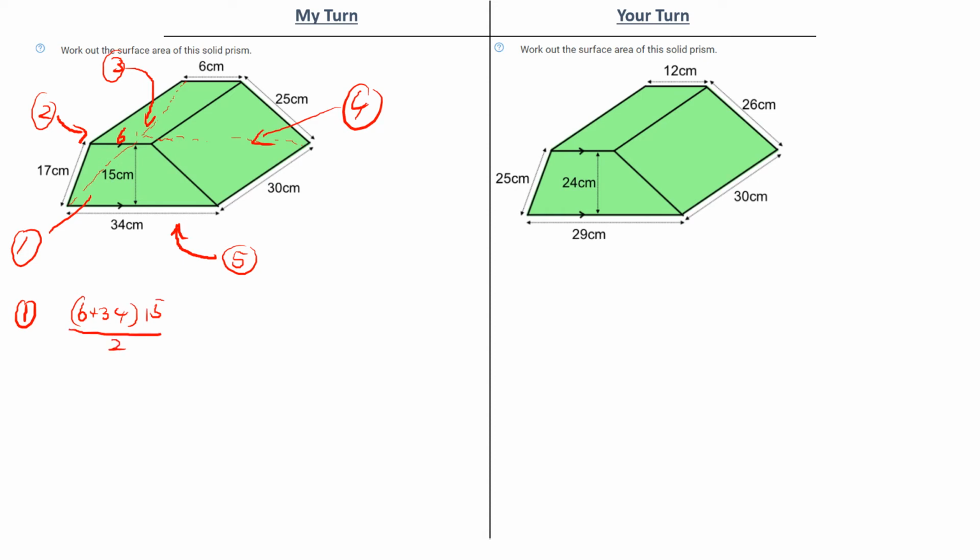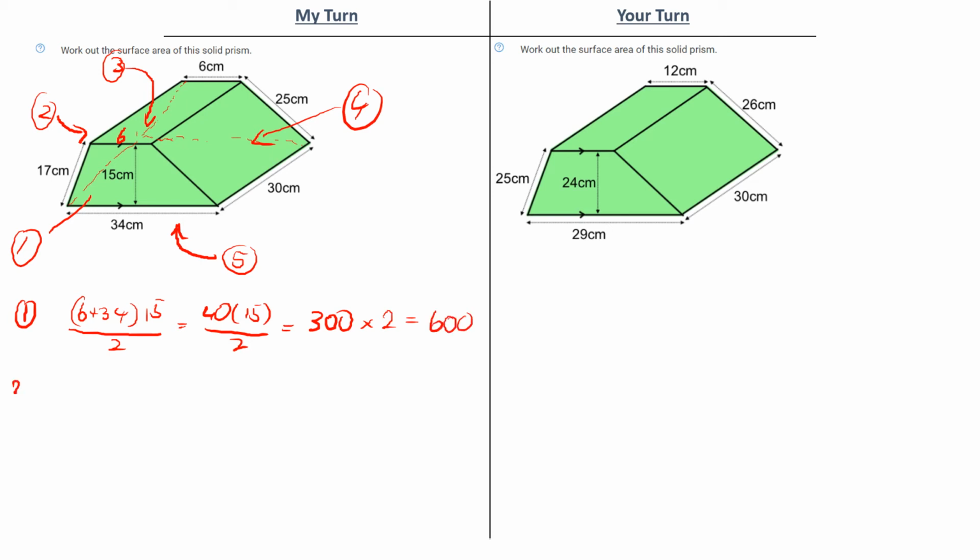So that is going to give me 40 times by 15 divided by 2, which will give me 300. Let me just double check that. Yeah, okay. So first thing we're going to do is double that since we've got two identical trapeziums. So times that by 2 to get 600. So that's my two ends.